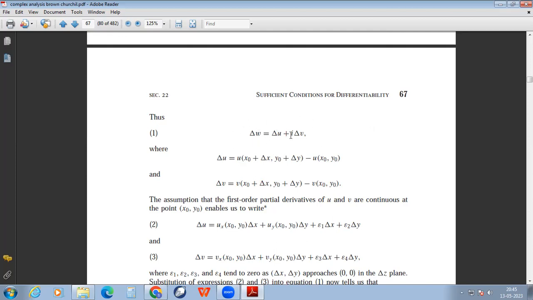Now what is delta u? So change in u, how does it go? So u at the incremented point minus u at the original point. Now u is a function of two variables as we are watching. There are two variables, x and y. So x variable is incremented, at the same time y variable is also incremented, and the original point you are watching.